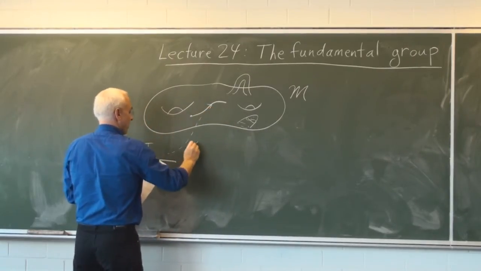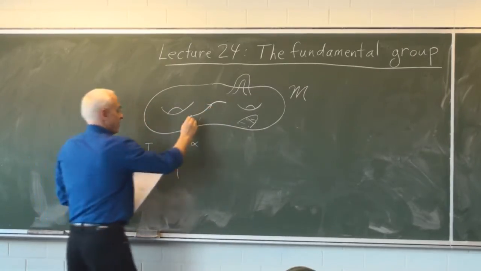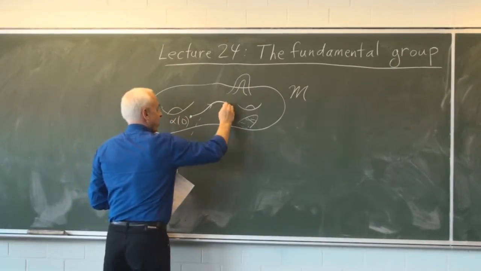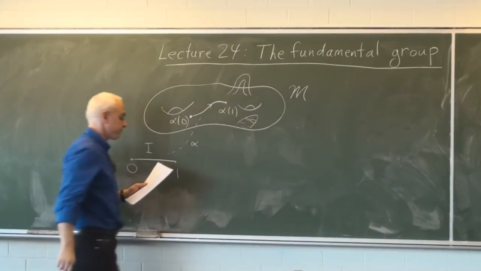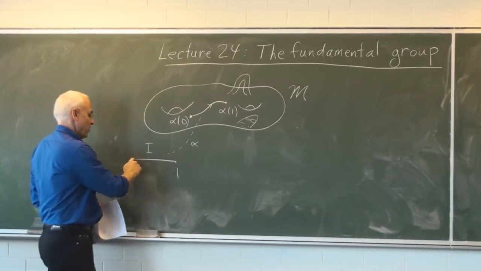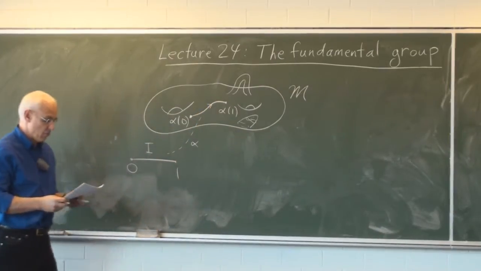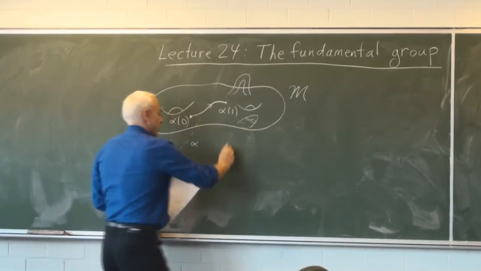Let's call the function alpha. This point here would be alpha of 0, and this endpoint, alpha of 1. As t goes from 0 to 1, alpha of t goes from this point to that point. It's a path on the surface.